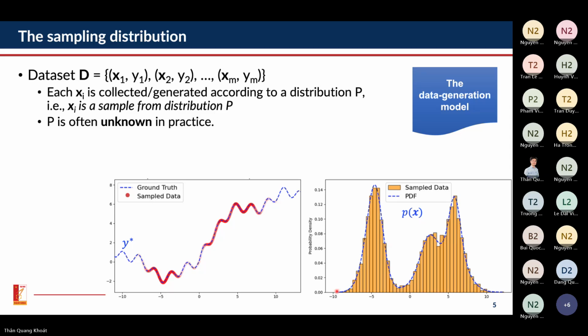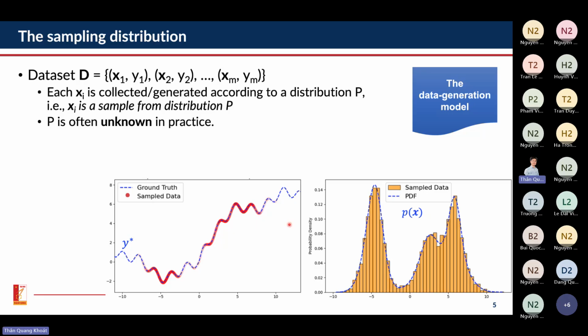The blue line here represents the density of the data distribution. In this case, our distribution can be complex. In practice, you can collect some samples around this area and some around this area, and few samples around this area, right?